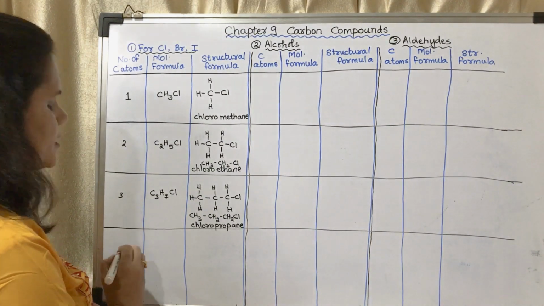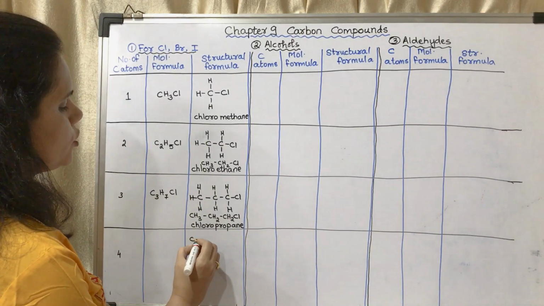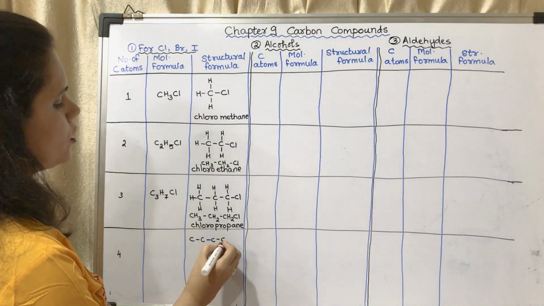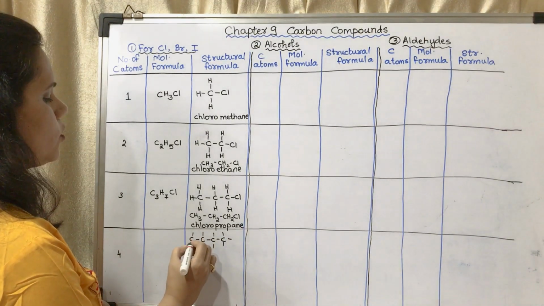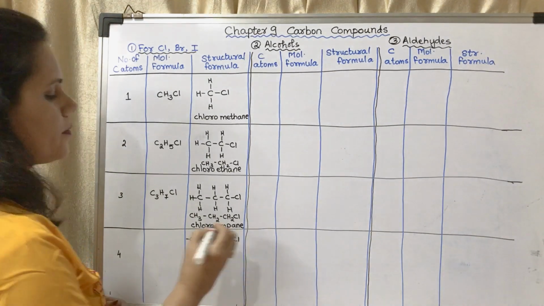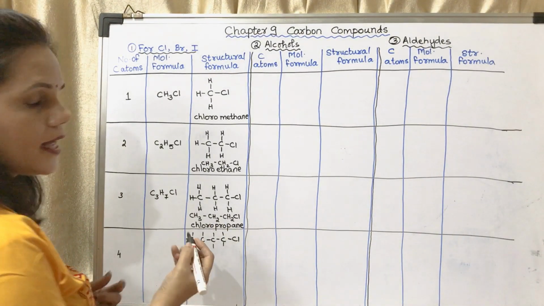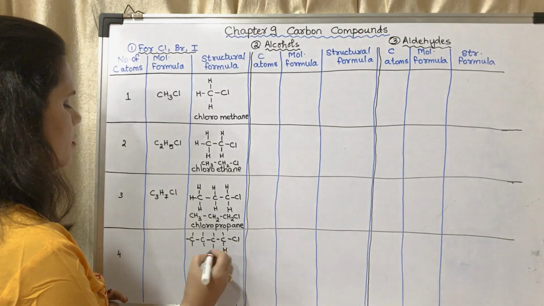Now the next is the compound with 4 carbon atoms. I will show you with 4 carbon atoms. All of them will be H, but 1 will be Cl. I am not drawing H here, otherwise I will draw.